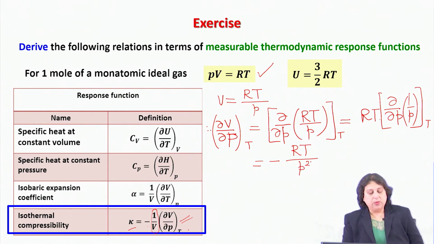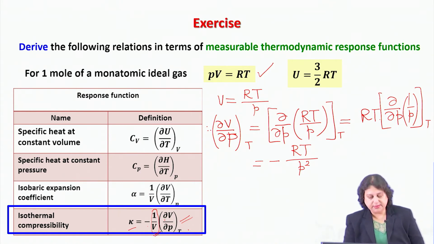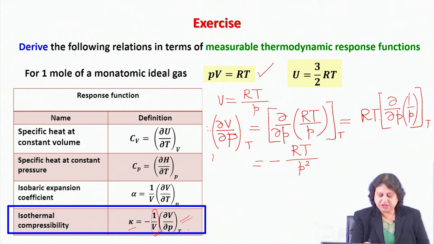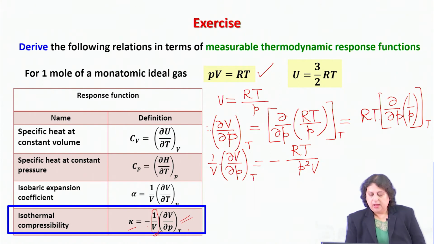Clear? Now once again, I am going to simplify this result. And also I note that I have minus 1 by V in front. Therefore, let me check what 1 by V del V del P at constant T is. This is nothing but dividing the right hand side by V. I am going to simplify this a little more.